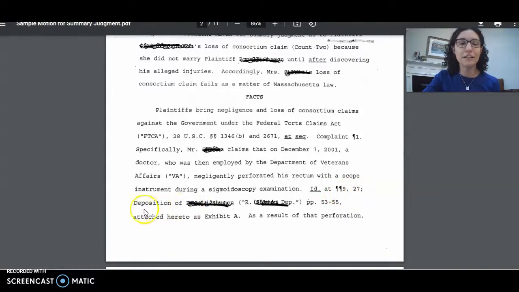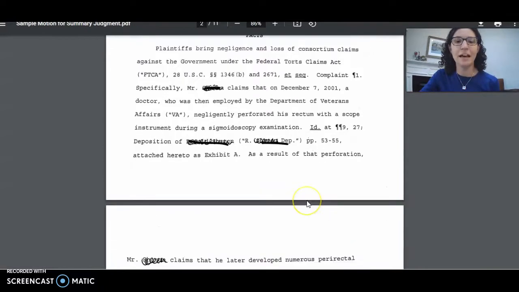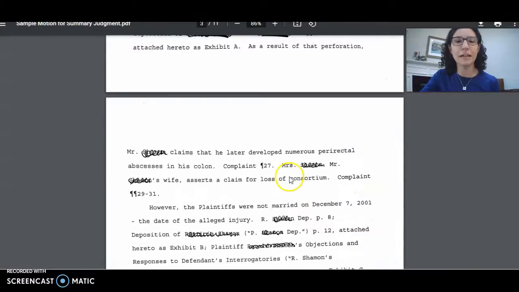Semicolon, also a citation to the deposition of X at pages 53 to 55. So notice that we don't just say, plaintiff's claim was about this medical malpractice issue. The moving party actually cites evidence in support of that. And then it goes on to discuss the complaint.